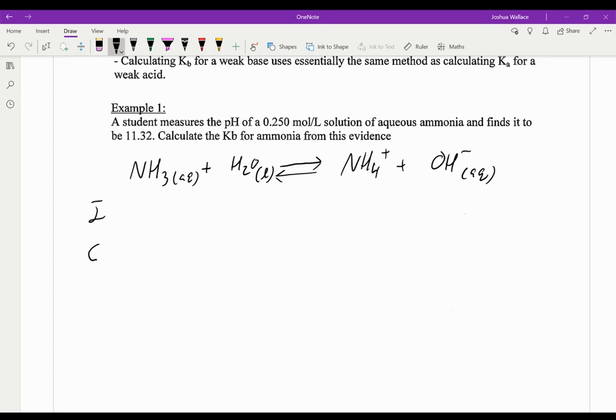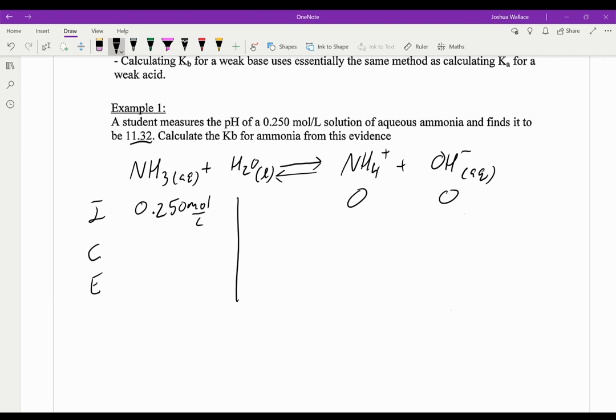Now I have my ICE table set up here, and it told me I started with 0.250 mole per liter NH3. The water won't have an effect. NH4+ will be 0, OH- will be 0. And they give me this value here of 11.32.